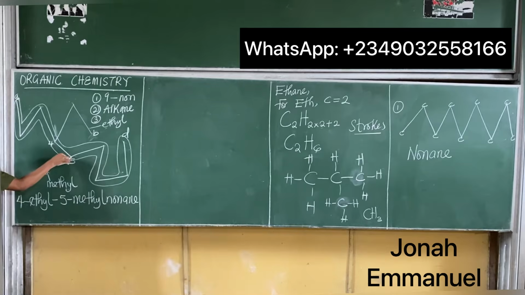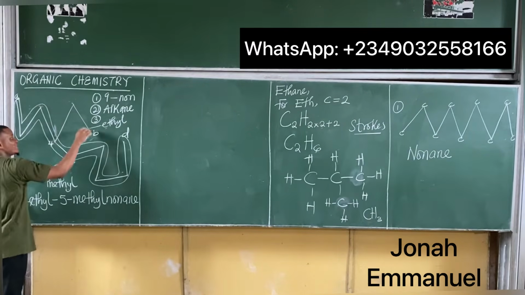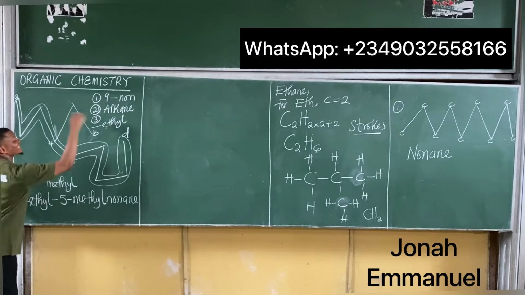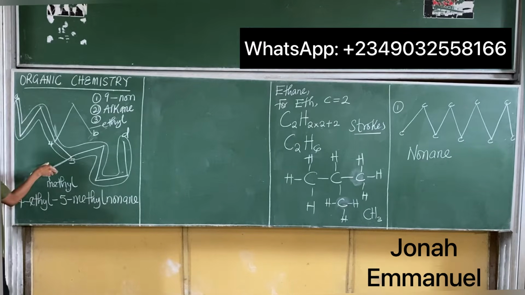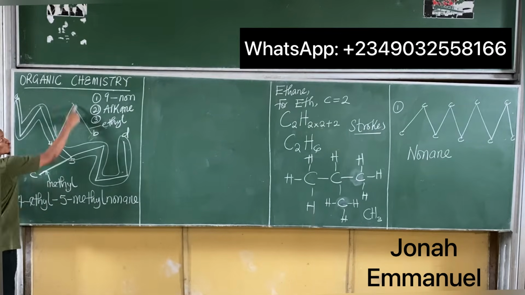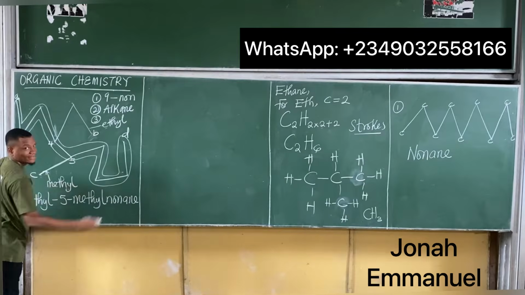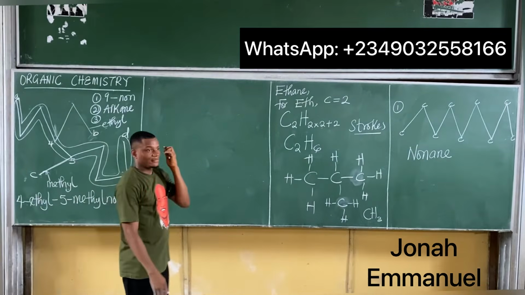Observe that this one is outside. It's not part of it. Also observe that this one too is outside my parent carbon atom. So hence, this one and this one becomes what there? Substituent. And I said when you have one stroke substituent, that becomes a methyl. When it's two is what there? Ethyl. That's the idea.